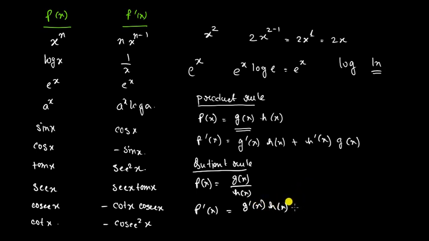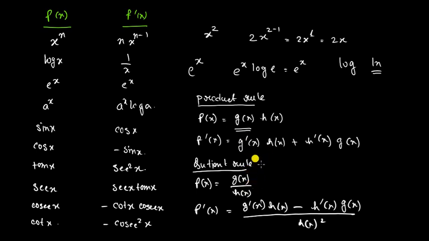Then you put a minus sign, then you write h prime of x, the differentiation of the denominator, and then you multiply the numerator as it is, right? And then you divide the whole thing by the denominator square. So this is basically an extension of product rule only.